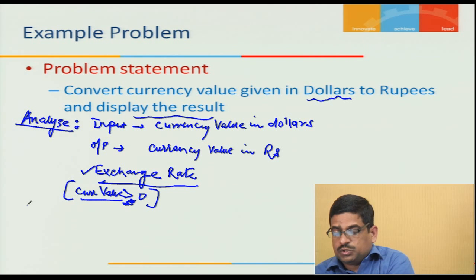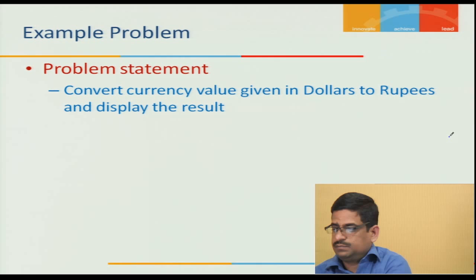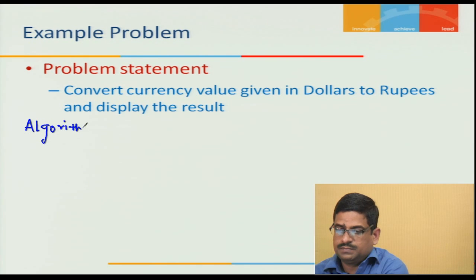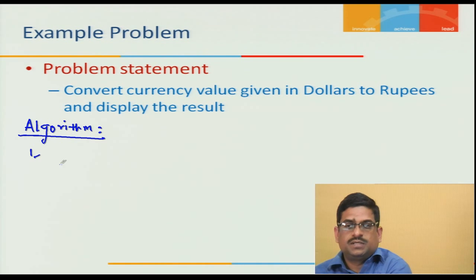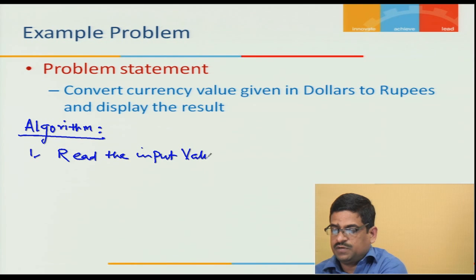Then the next step is to design the steps. Designing steps essentially means I am writing the algorithm. Simple: the first step is to read the input value in dollars.